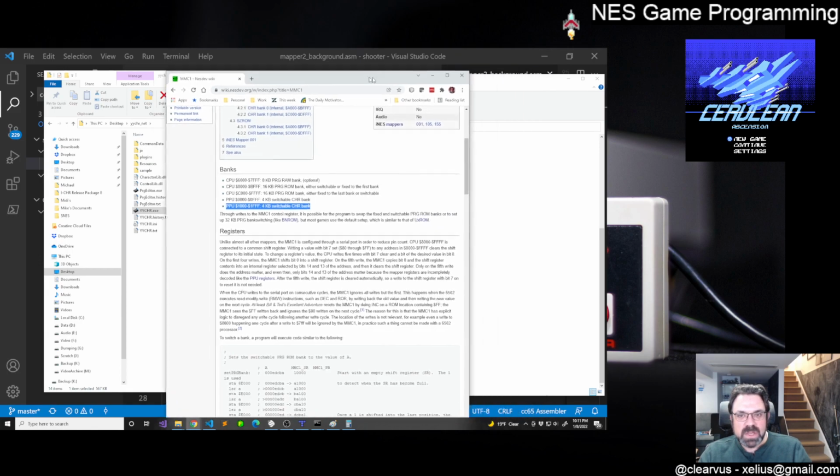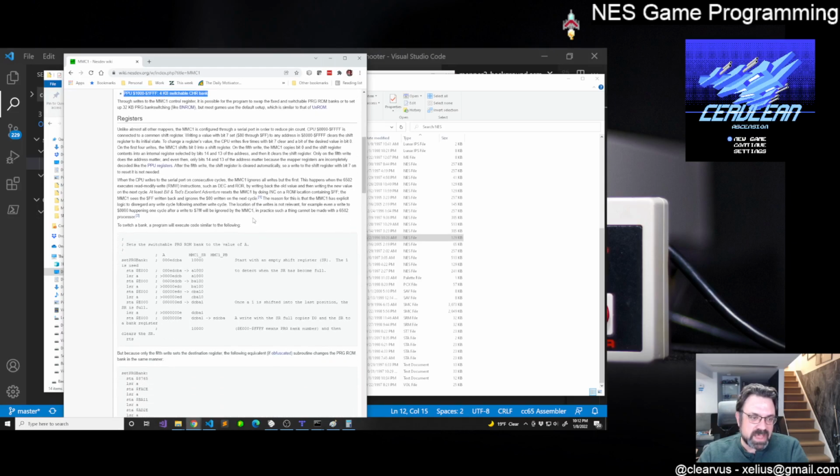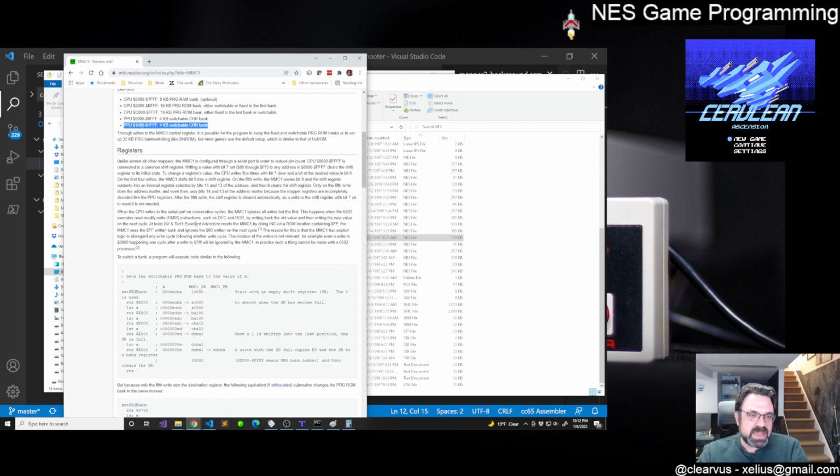Okay, so with the other mapper, we loaded the value of the bank that we wanted into the A register, and then we just wrote it to 8000, and we were good. For this, it's using serial communication between the CPU and the mapper to reduce pins.